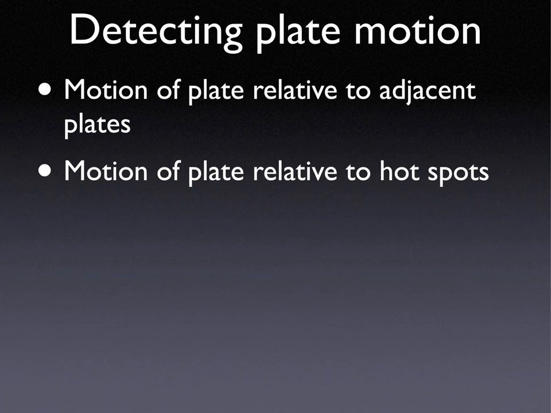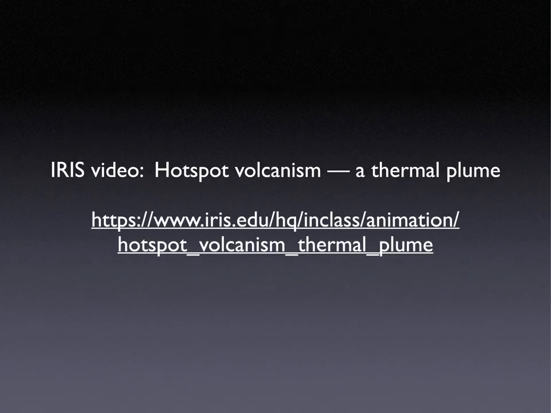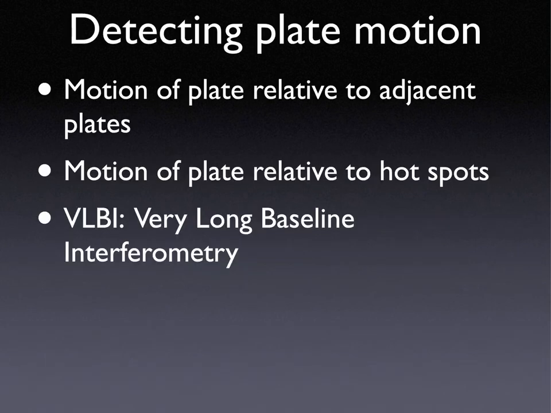Well, it's a place where heat energy from the mantle essentially burns a hole in the lithosphere as it's passing over, and it leaves a mark that allows us to resolve the velocity of the plate relative to the lower mantle. To learn more about that, you should look at the IRIS video hotspot volcanism, a thermal plume. So pause the video, jot down that URL, but let's move on.